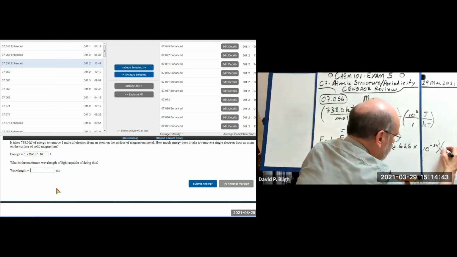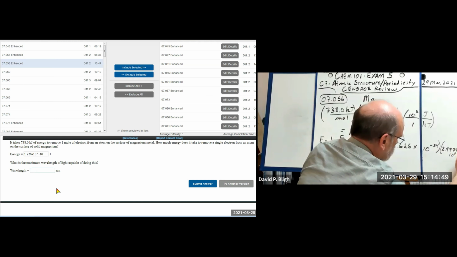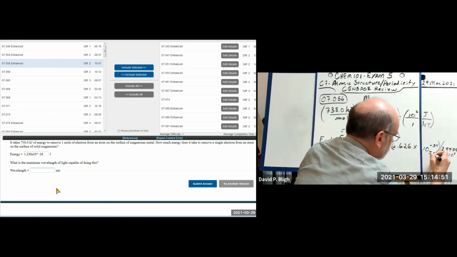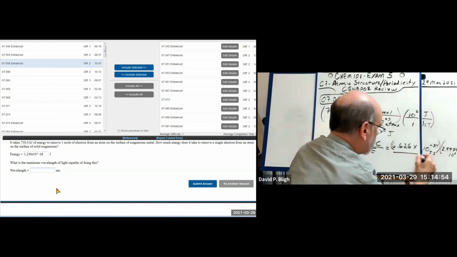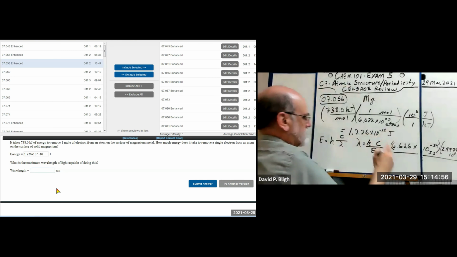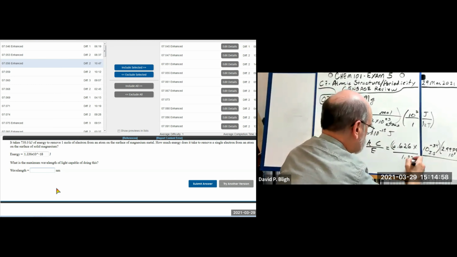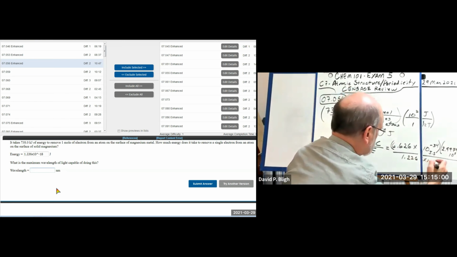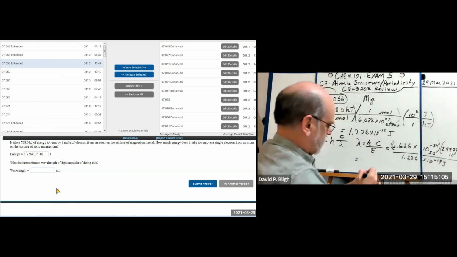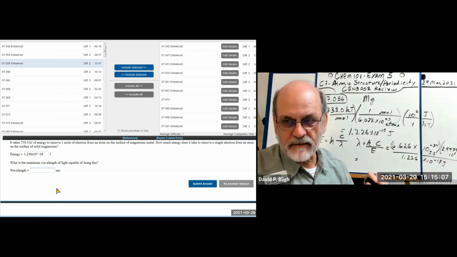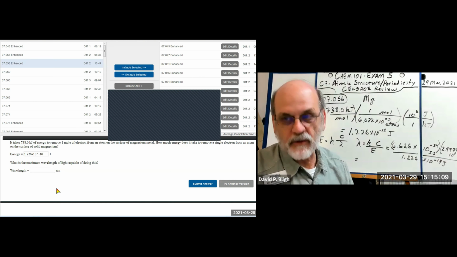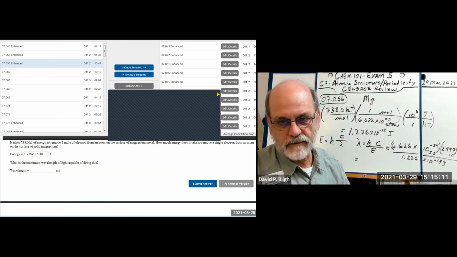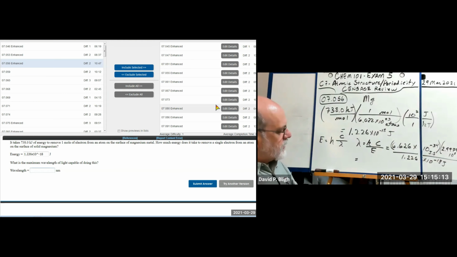And then the speed of light, 2.9979 times 10 to the 8th meters per second. This is joule seconds. Divided by our energy, 1.226 times 10 to the minus 18th. So that'll give our wavelength in meters. Then we need to convert it to nanometers. So let's do this calculation first.